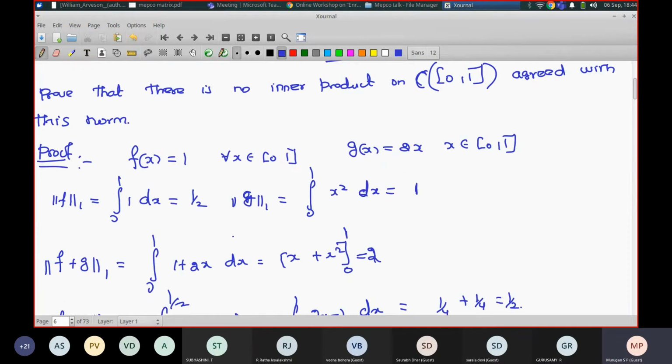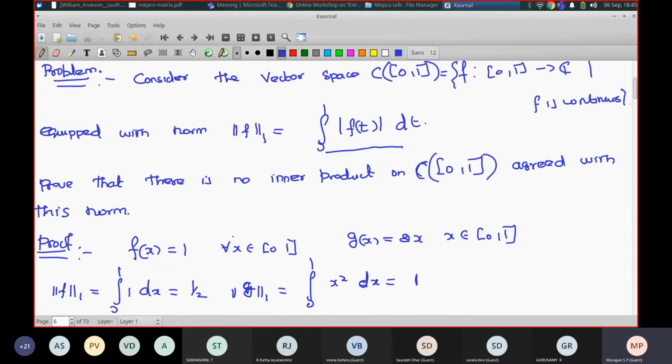So what is the proof of this? Suppose, assume that there is an inner product on C[0,1], so that the inner product induces the norm, and that norm is the L1 norm.